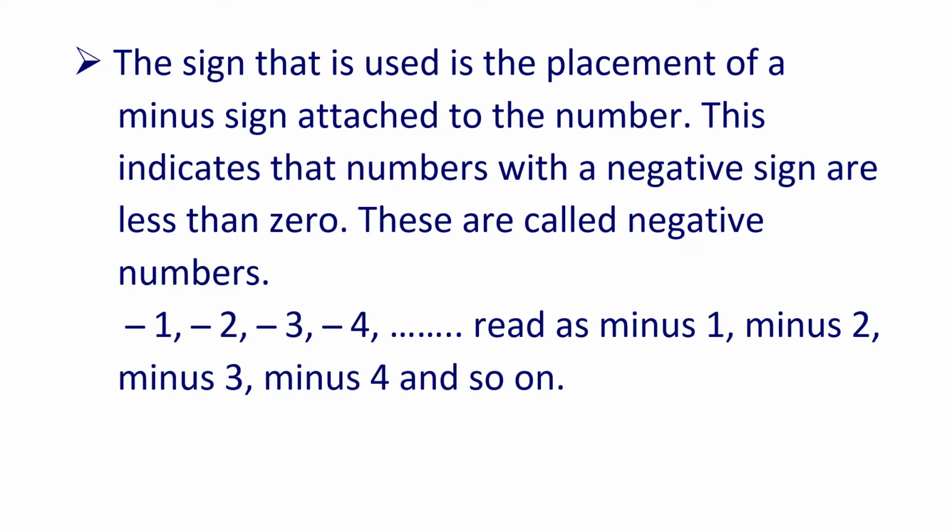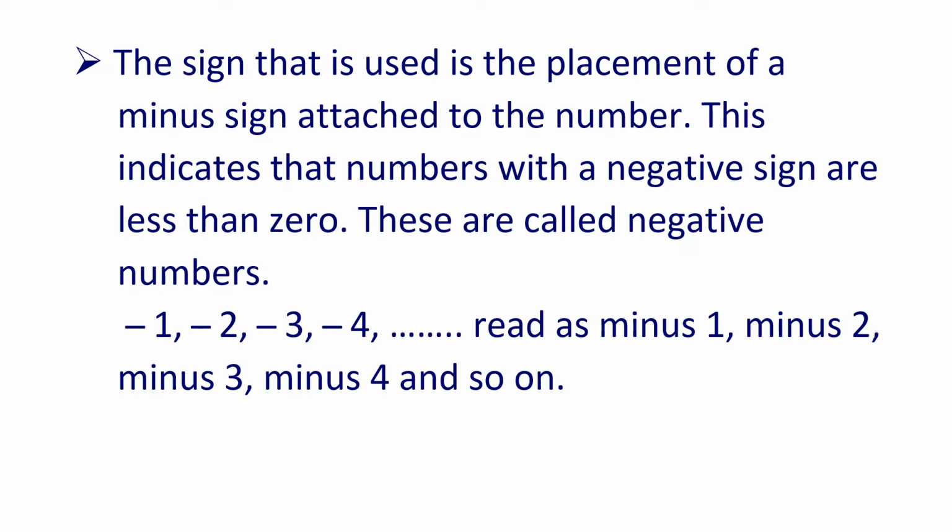21 minus 37 is equal to minus 16. Now students, 7 minus 12, we will get the answer as minus 5. The sign that is used is the placement of a minus sign attached to the number. This indicates that numbers with a negative sign are less than 0.